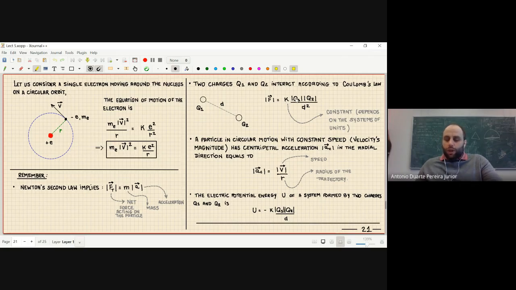Then you take the absolute value of charge 1, the absolute value of charge 2, multiply these values and divide by the square of the distance that separates those charges.